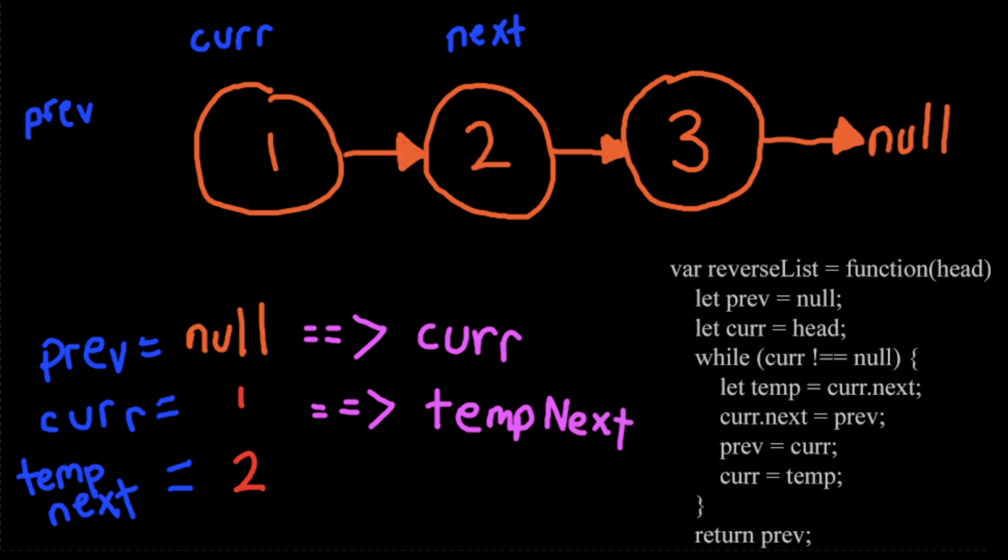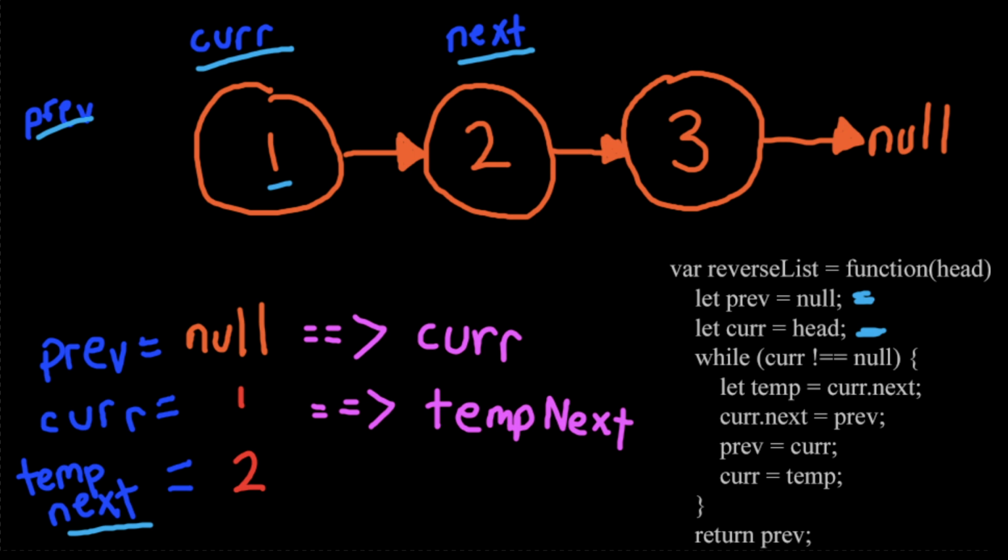When you start with this linked list, you want to realize that previous is going to point to null, right? It's right here. And then you have to keep track of the current head, which is just the beginning of the linked list. While number 1 is not null, we want to save temporarily what is next. So right here, we see that the temp next is 2.